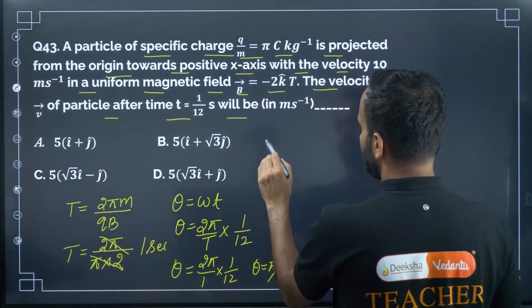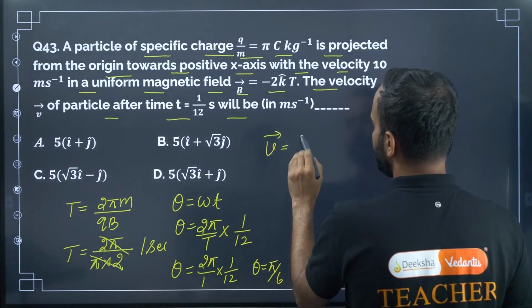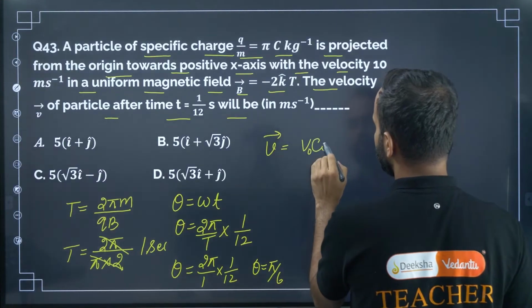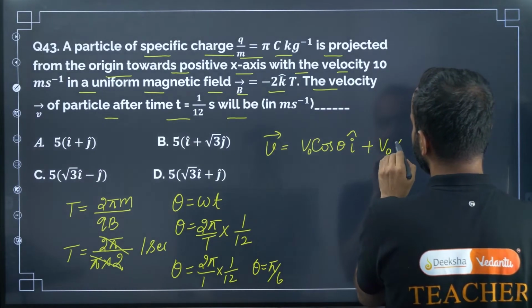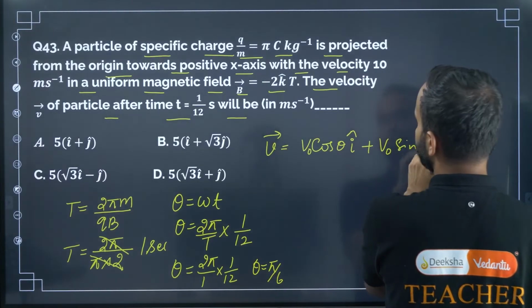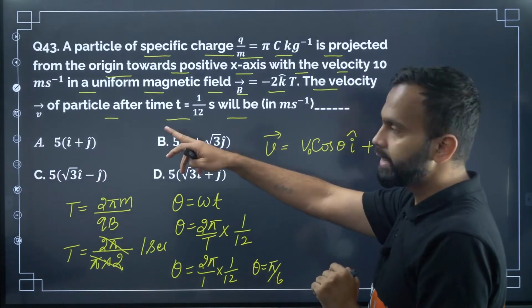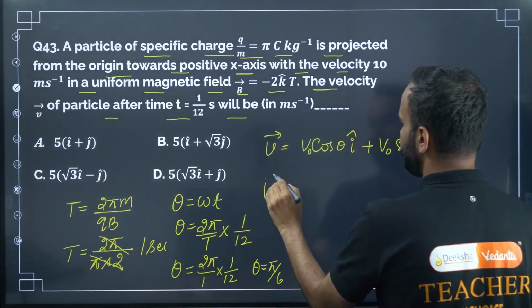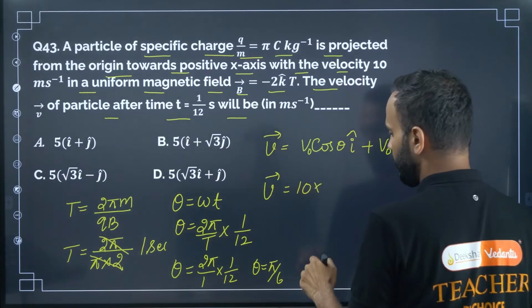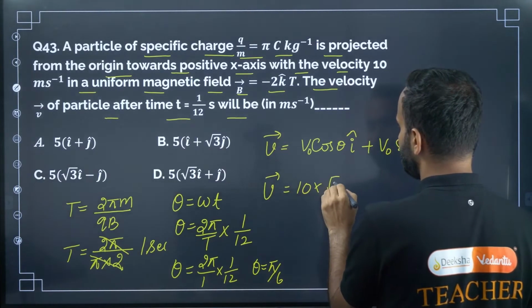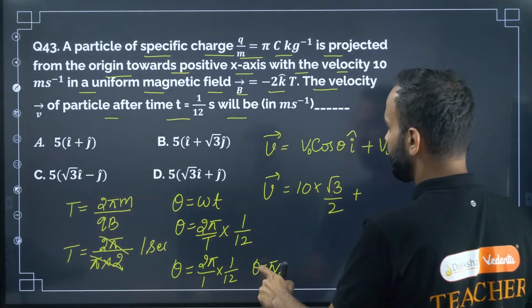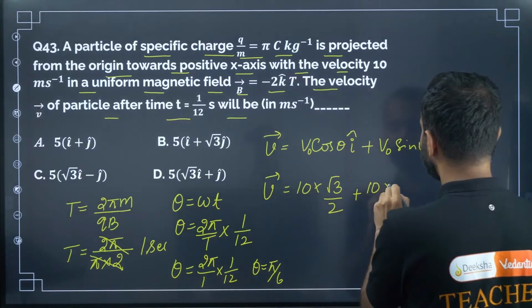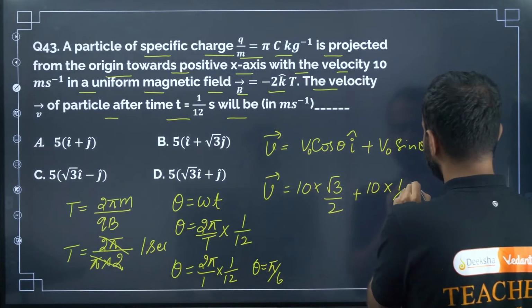So now the velocity vector v equals v naught cos theta i cap plus v naught sin theta j cap, right? So velocity is 10 meter per second. So v vector equals 10 into cos theta, that is cos pi by 6, which is root 3 divided by 2, plus 10 into sin theta, sin 30 degrees is 1 by 2, j cap.